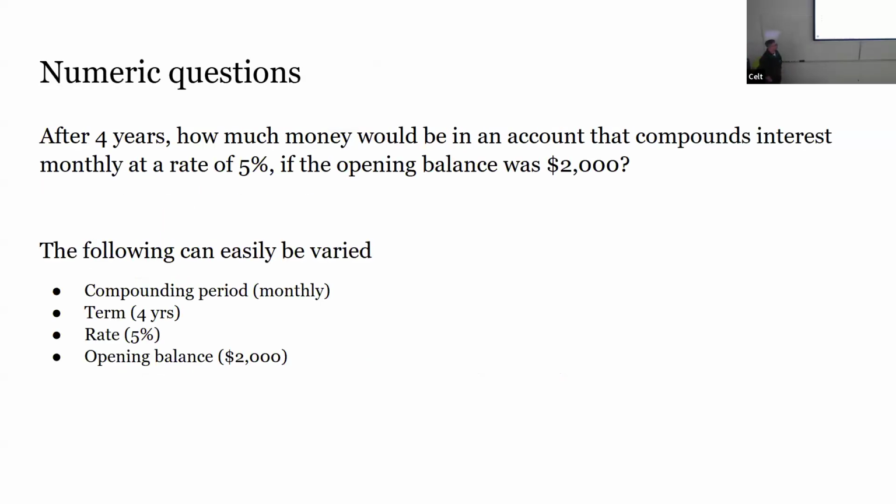Numeric questions. Here's an example. Notice we've been pulling things that aren't chemistry. Okay. Calculate how much interest you get on a various account. And so within this question, you could vary the compounding period. Is it monthly? Is it yearly? Is it daily? You could vary the term, how long the account is open, the interest rate, the opening balance.